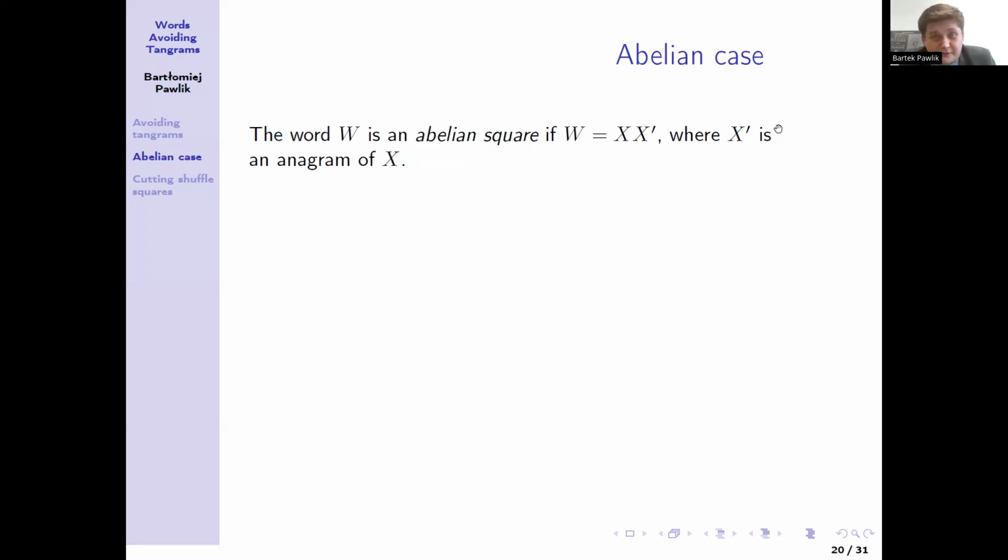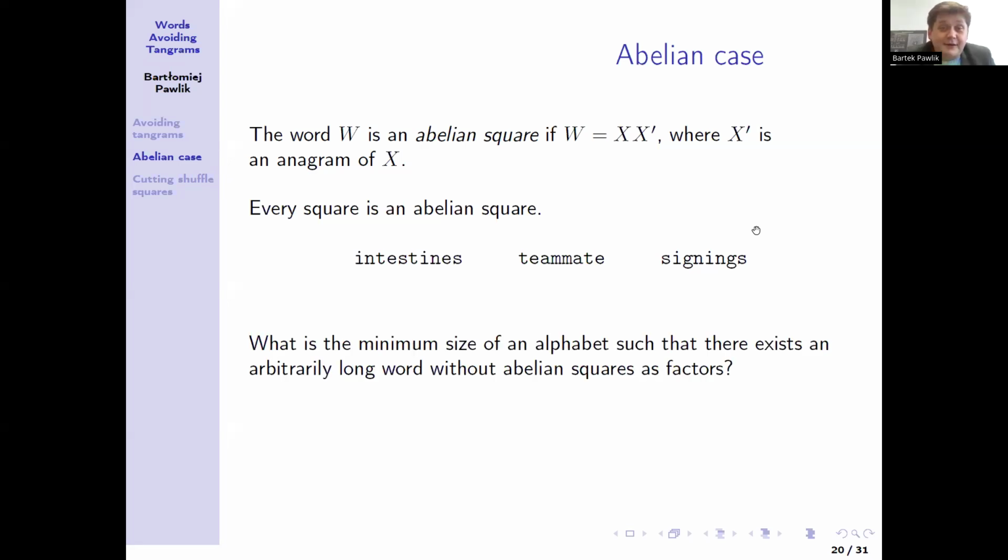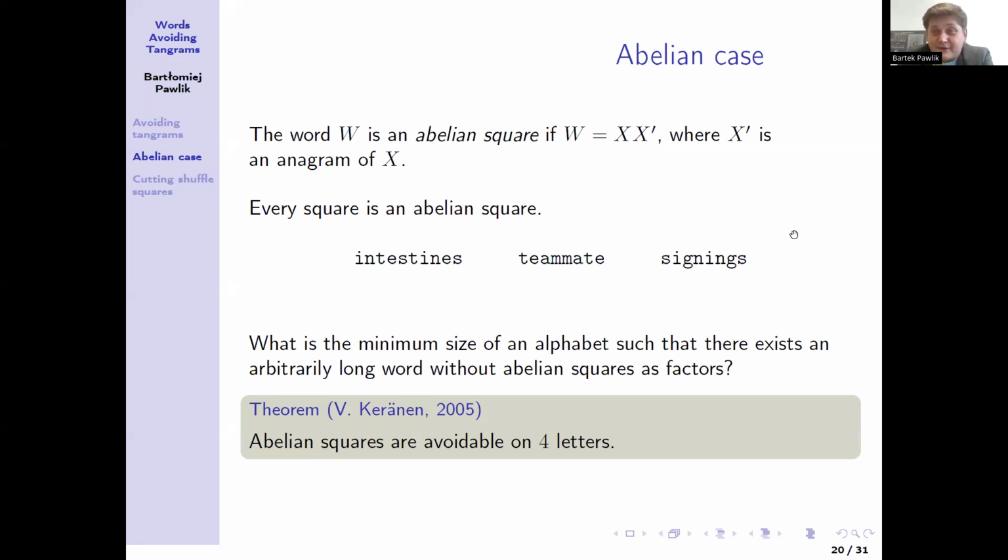So I remind you that a word is an abelian square if it is of the form x x prime, where x prime is an anagram of x. Of course, every regular square is an abelian square, as well as some other words like teammate or signings. And again, what is the minimum size of an alphabet such that there exists an arbitrarily long word without abelian squares as factors?